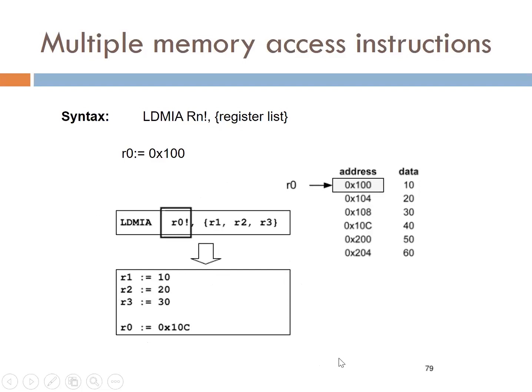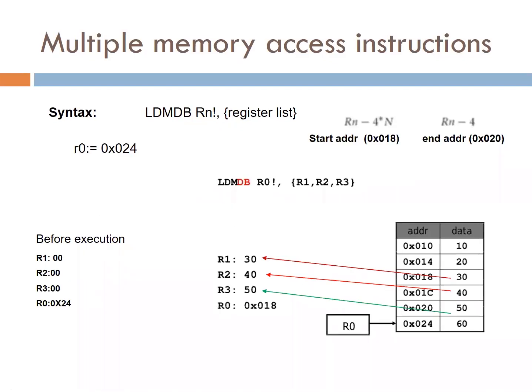Next, we will look into the next instruction, LDMDB Rn, exclamation mark, comma, followed by a register list. Here we have considered the example LDMDB R0 exclamation mark, comma, register list R1, R2, R3.